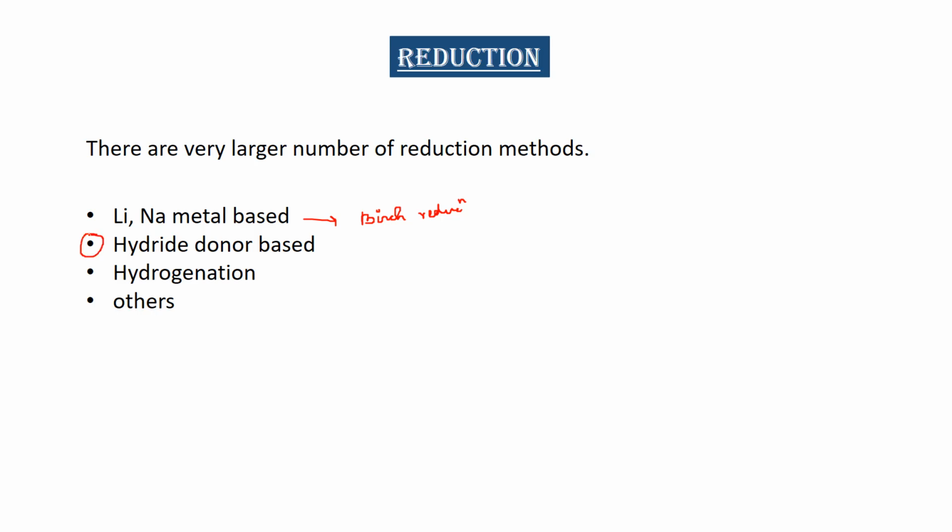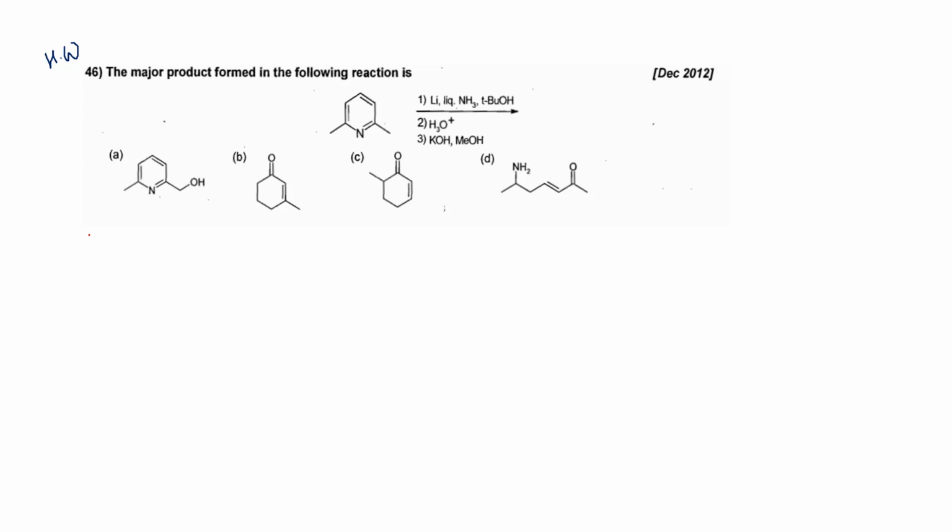So this was one of the exam questions I gave last week as homework, so that you try to attempt this. I hope some of you have already tried, but for others I am going to get the answer of this one.